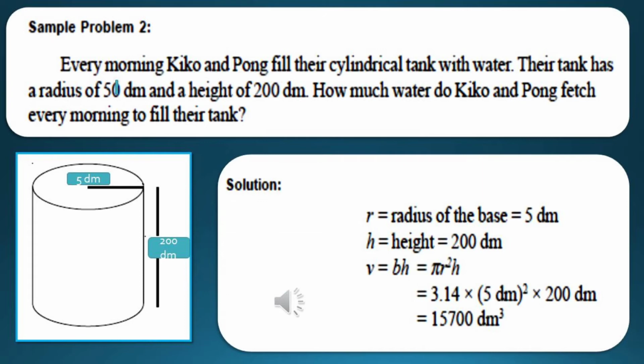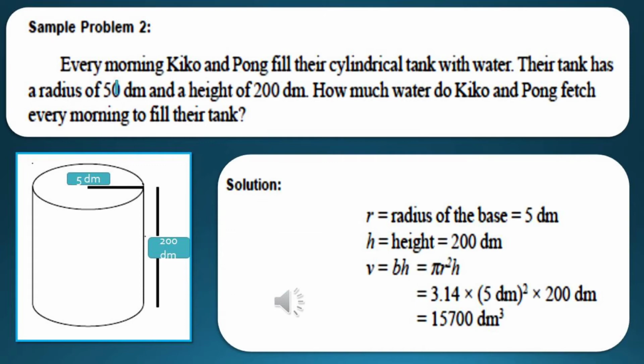That gives us 3.14 times 5 decimeters to the second power times 200 decimeters. Thus, the volume is 15,700 cubic decimeters. Correct!